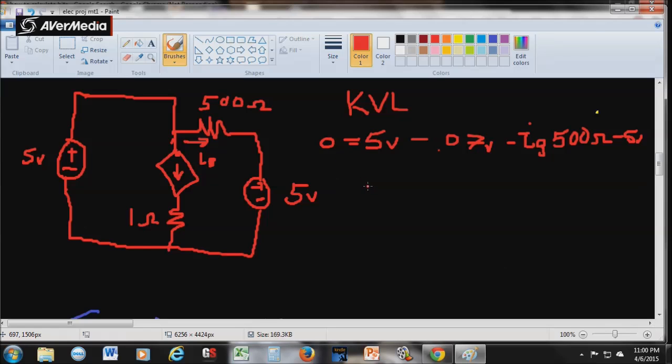So IB is equal to 0.7. Oh, my bad, I didn't mean this to be 0.07. I meant 0.7 volts. So IB equals 0.7 volts over 500 ohms.